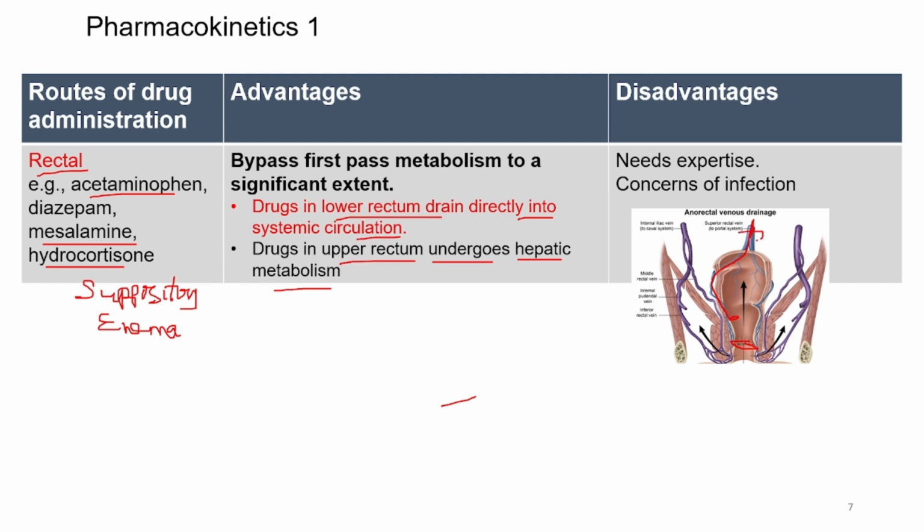So this part, the superior rectal drainage, undergoes first pass metabolism in the liver, whereas the inferior and the middle one below the pectinate line drain directly into the systemic circulation via the internal iliac vein. So the middle and inferior rectal veins generally constitute two thirds of the drainage. So a significant part reaches the systemic circulation.